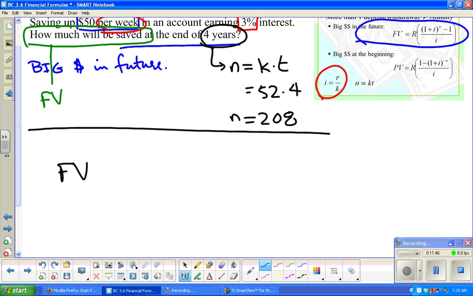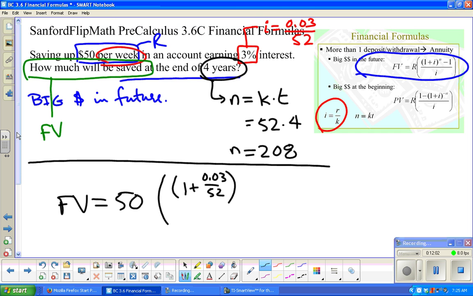Future value is R times 1 plus I, let me scooch that up so you can see where I got that from, to the N. So that's 208, minus 1. Grouping symbols are going to be incredibly important for this.